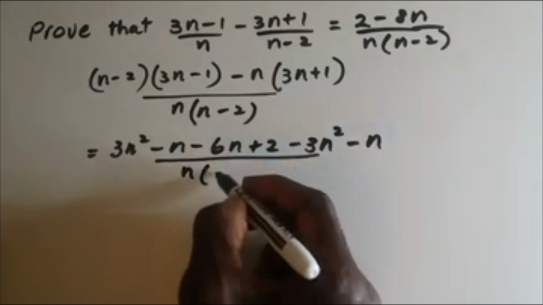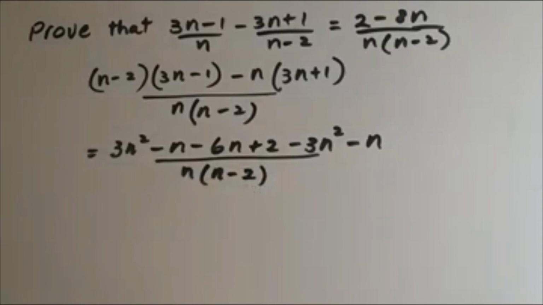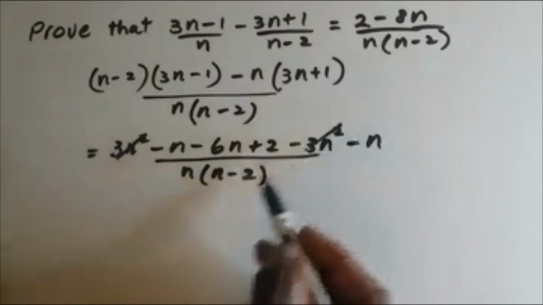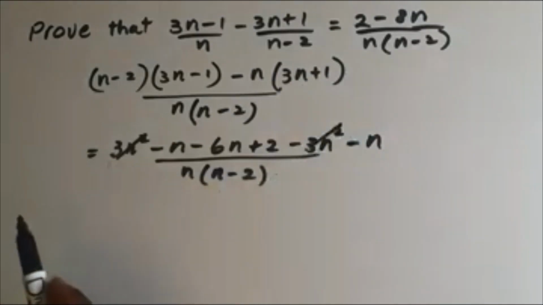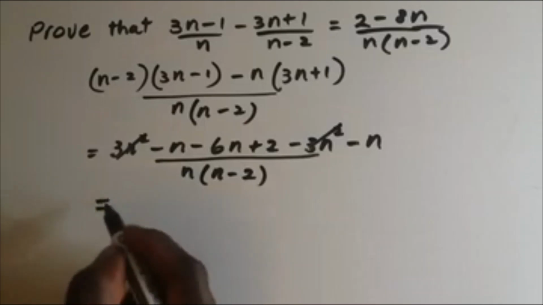We'll leave our denominator as it is. Now this cancels with this, because this is minus 3n squared and this is add 3n squared. And all we need to do is group and simplify like terms.